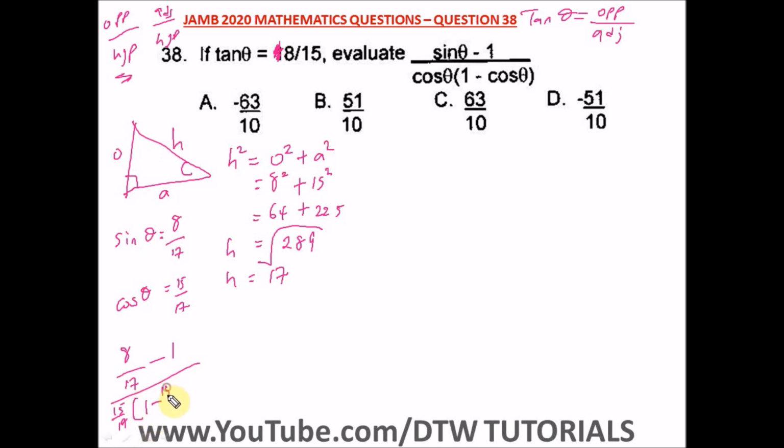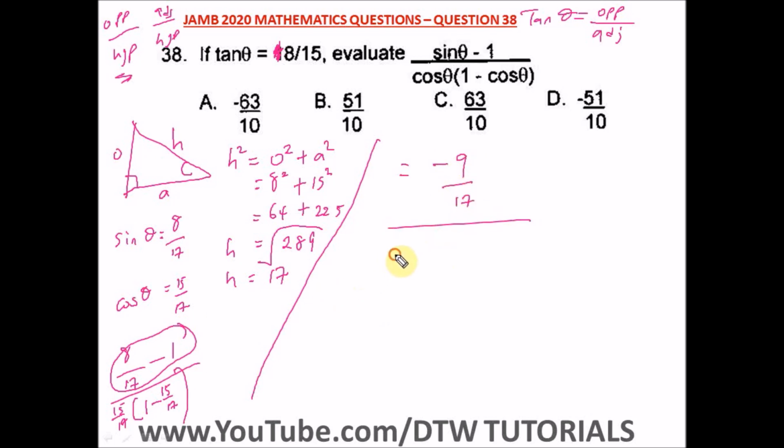1 minus 15 over what? 17. This now becomes, if we solve for this, we are left with minus 9 over 17 all over 15 over 17 bracket 2 over what? 17.